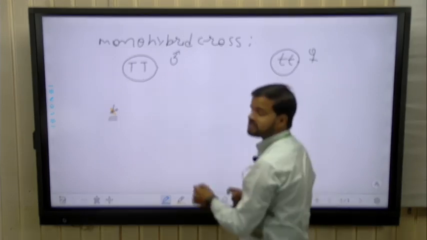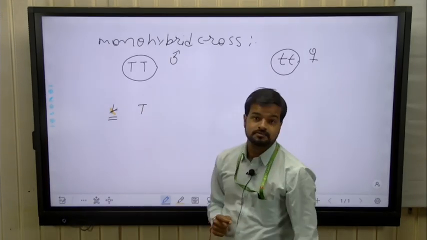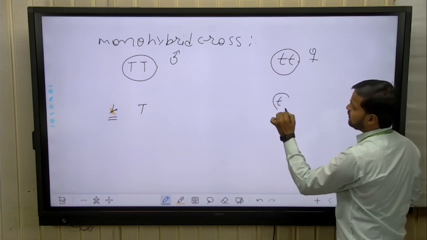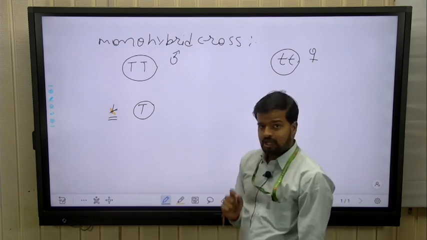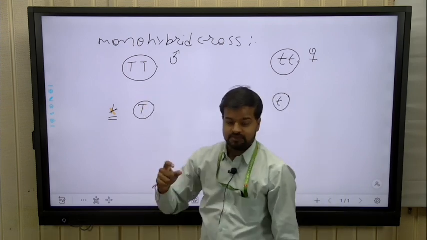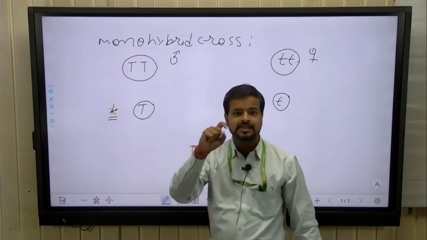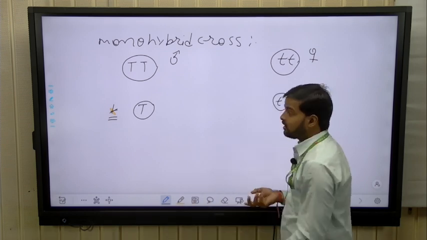That means in the homozygous condition, the capital T works as a gamete, and here the small t works as a gamete. It is clear? That means if we have a single homozygous gene pair, we get a single gamete. It is clear?